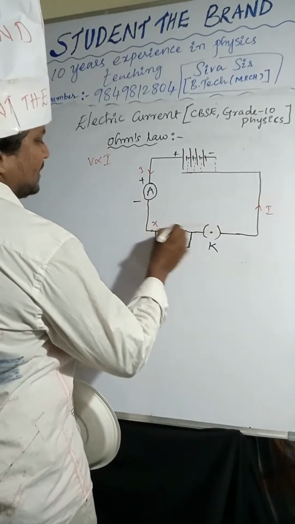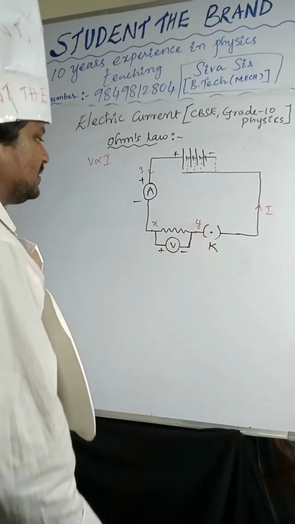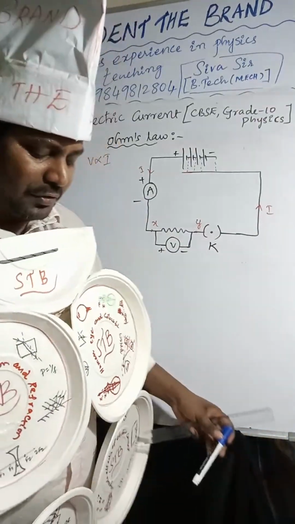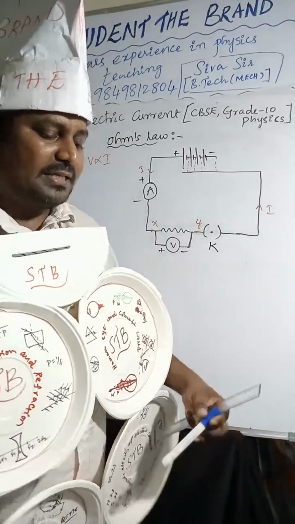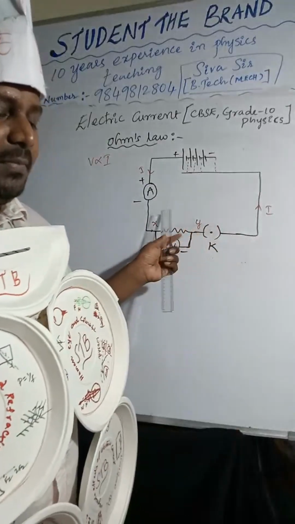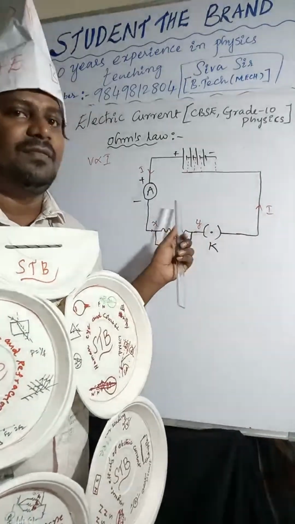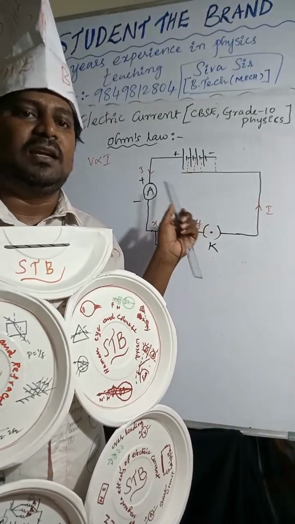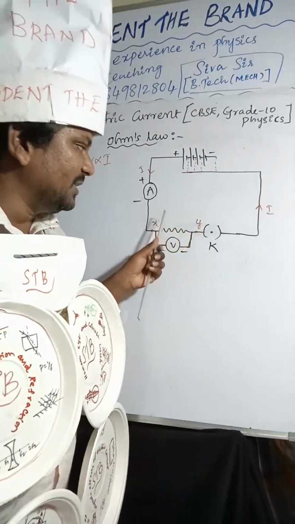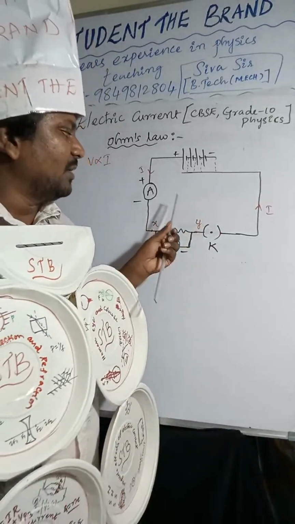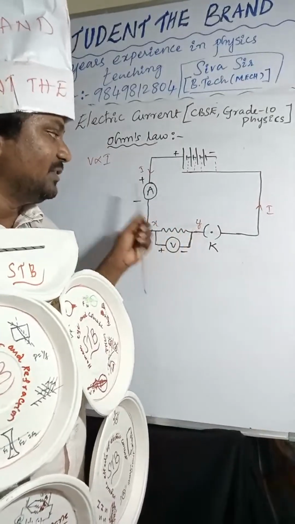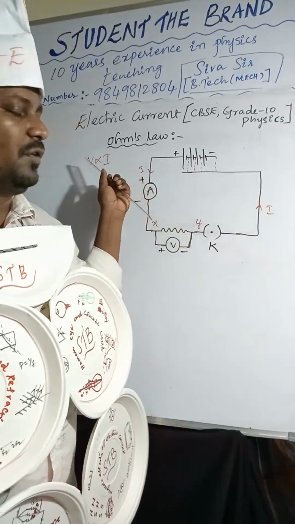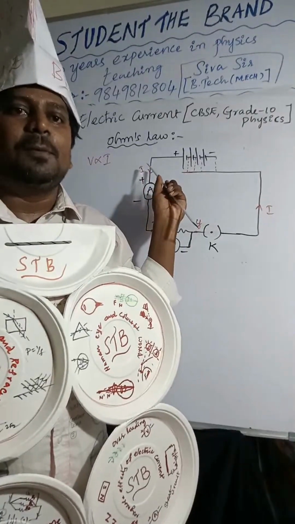I am taking this is X and this is Y. So the potential difference across the resistor, or across the ends of the given metallic conductor, is directly proportional to current flowing through it.